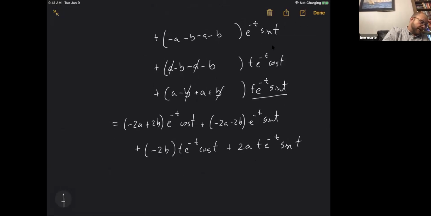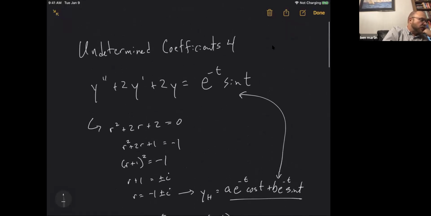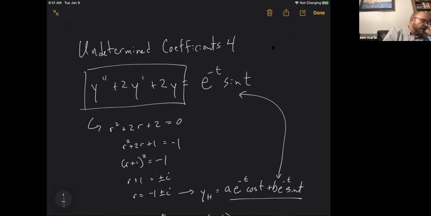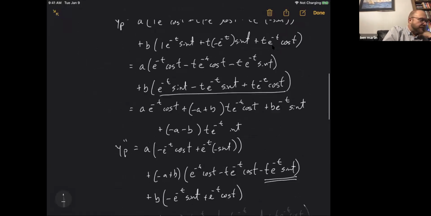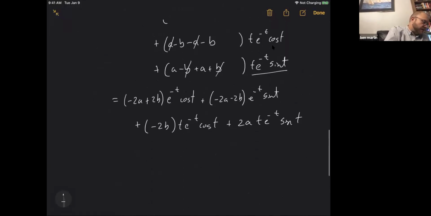All right, so horror of horrors. Now we have to scroll all the way up here and remember what to plug into. So y double prime plus 2y prime plus 2y. Okay. So I'm going to copy down the y double prime one first because it is kind of a pain.